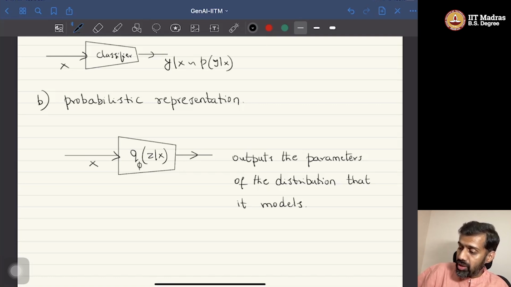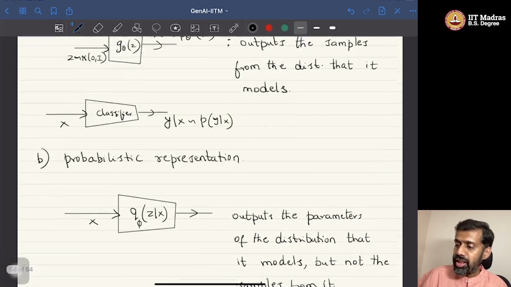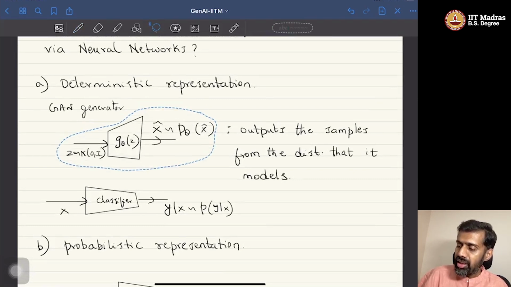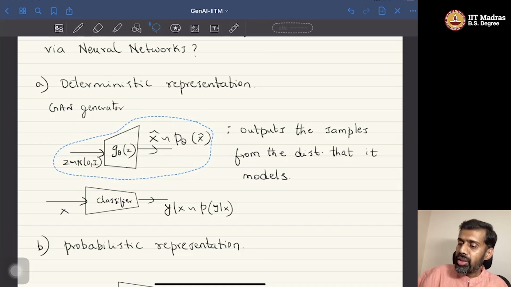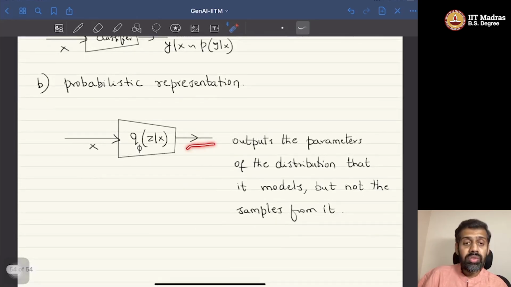This will give us models, but not the samples from the distribution. Unlike the previous case where the neural network gives you the samples from the distribution that it is modeling, in the probabilistic representation, the neural network will model the distribution by giving the parameters of the distribution that it is modeling, not the samples from the distribution.